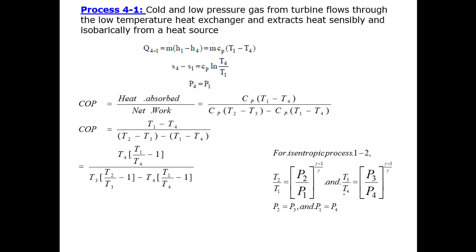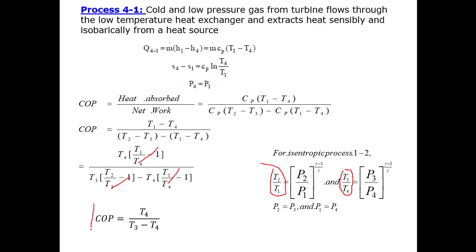So that means this ratio T3 by T4 is equal to T2 by T1. So these ratios are all equal, and this will be cancelled out, this will be cancelled out, this will be cancelled out. So the remaining will be COP equals T4 divided by (T3 minus T4).